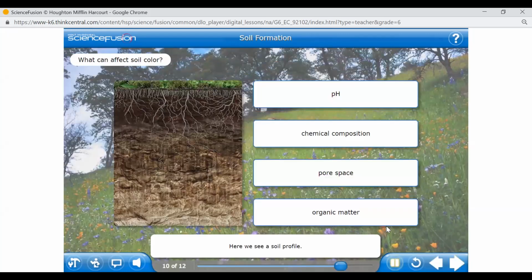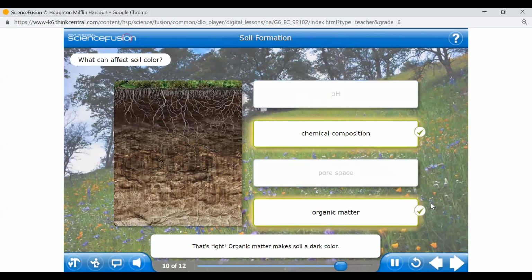Here we see a soil profile. What do you think can affect the color of the soil? The pH, the chemical composition, whether it contains iron or something, or organic matter. Chemical composition, great job.